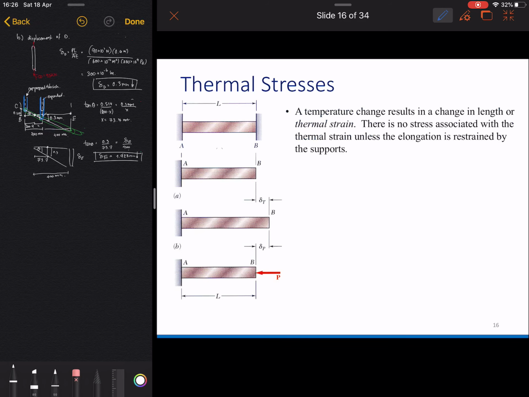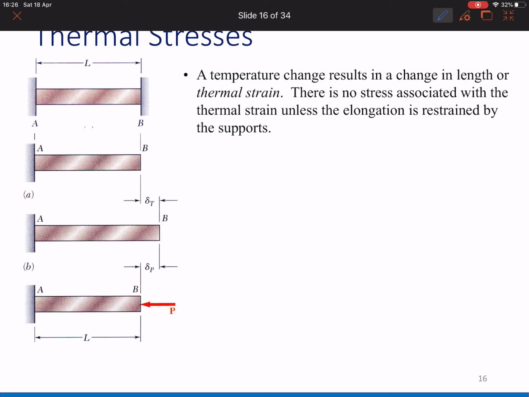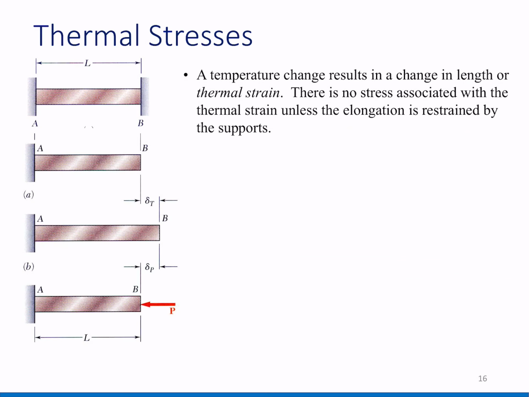Okay, so next is the thermal stress. Regarding thermal stress, as I explained in some class before, when the temperature changes, the material tries to expand or shrink depending on the temperature change.